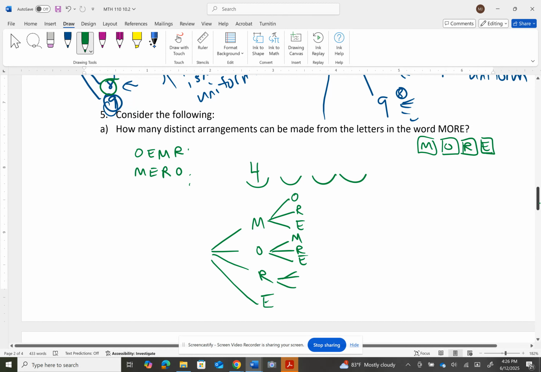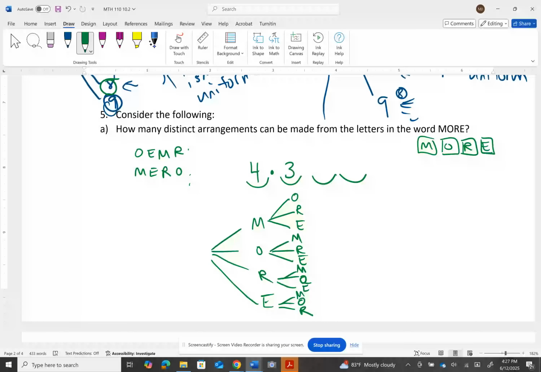So this is kind of hard to draw, so I've actually drawn it for you on another sheet of paper, so we can look at that in a minute. I just want you to kind of get the gist of it to start with, right? So I had four possibilities for my first choice, and then one of the letters is selected, so now there's only going to be three letters left for my second spot.